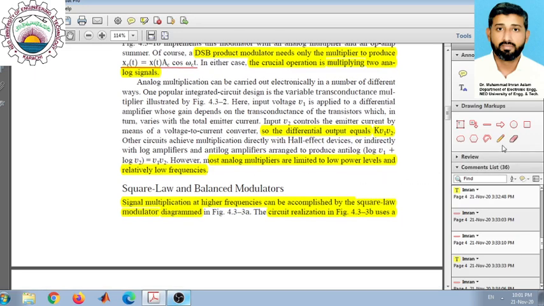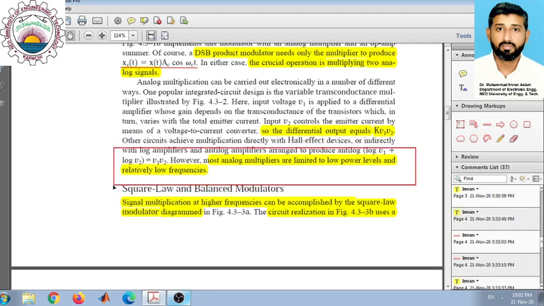One important thing I should mention is that the product circuit based on the variable transconductance amplifier, or the product circuit based on the logarithm and anti-log amplifiers, only works at low power levels and relatively low frequencies.